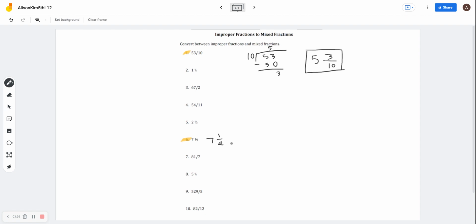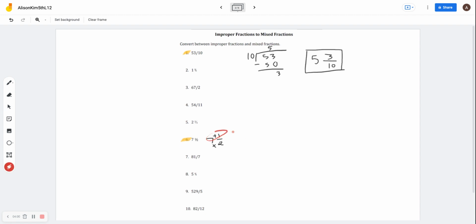The trick to turning mixed numbers into improper fractions is multiplying the whole number by the denominator. So you multiply the 7 and the 2, and then we add that product to the numerator.